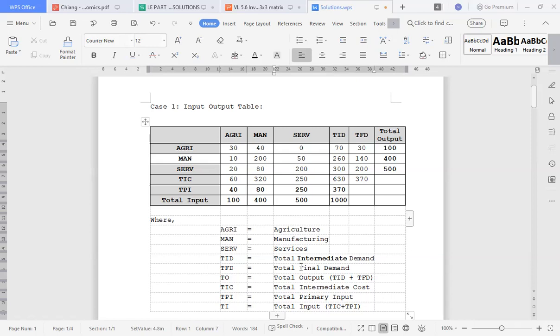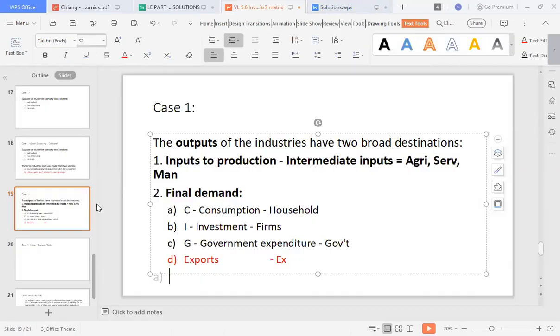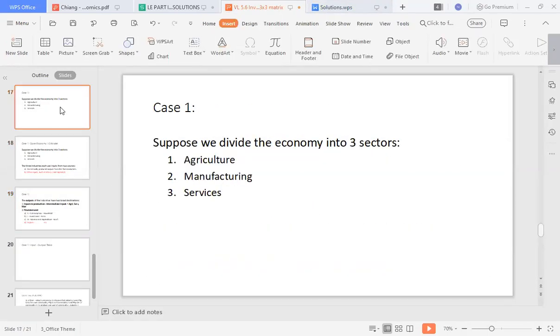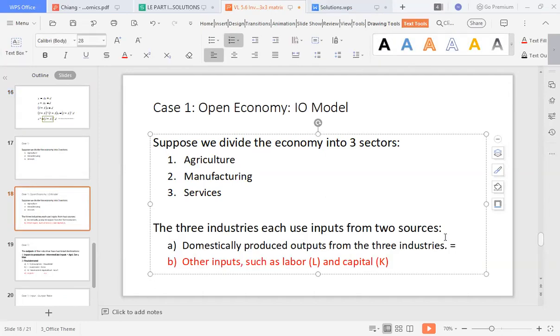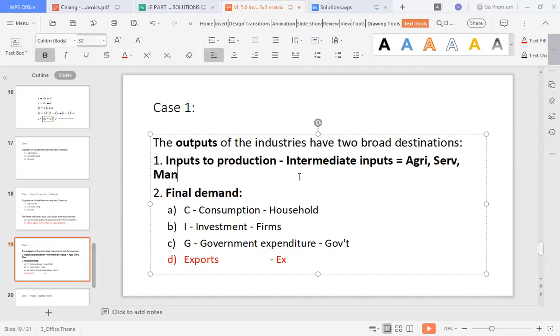Okay, total final demand is 30. So as you can see here, class, we take this one as a given. So if we go back to here, asan na ba yun? So this one is TID. This one is TFD, meaning TFD minus TID.